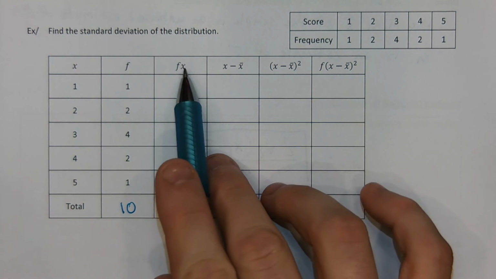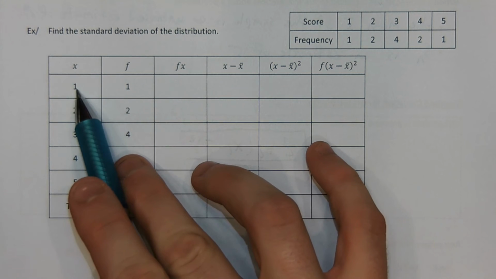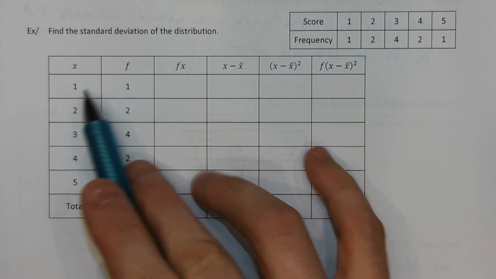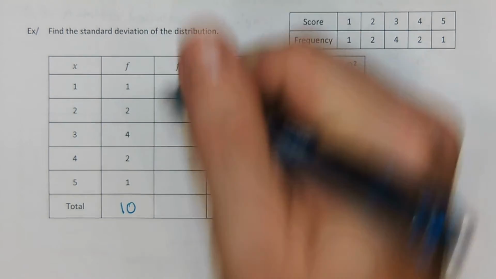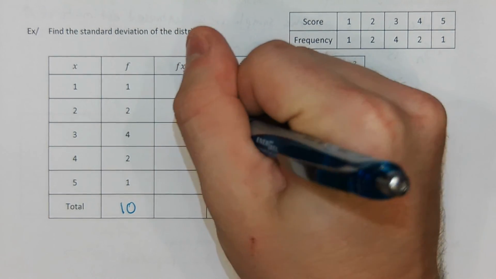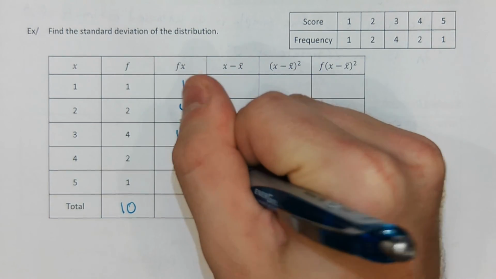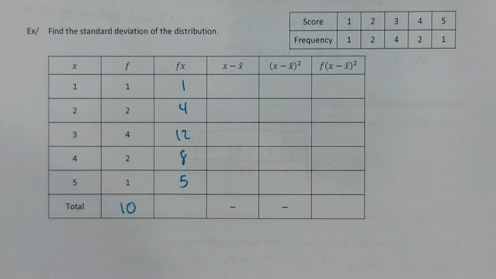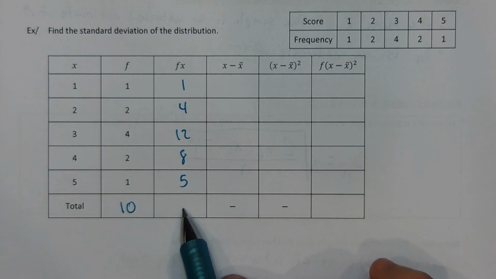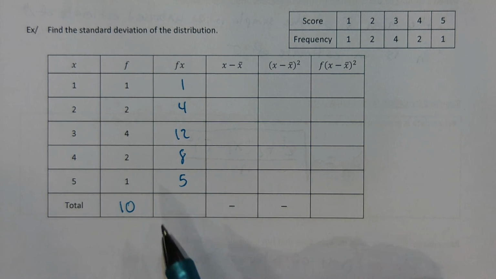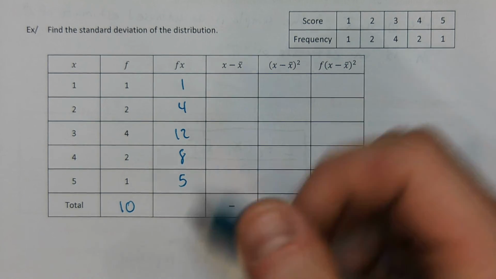So this is a product column. It's the term times its frequency. Now down here is sigma fx, adding straight down, which gives us 30.